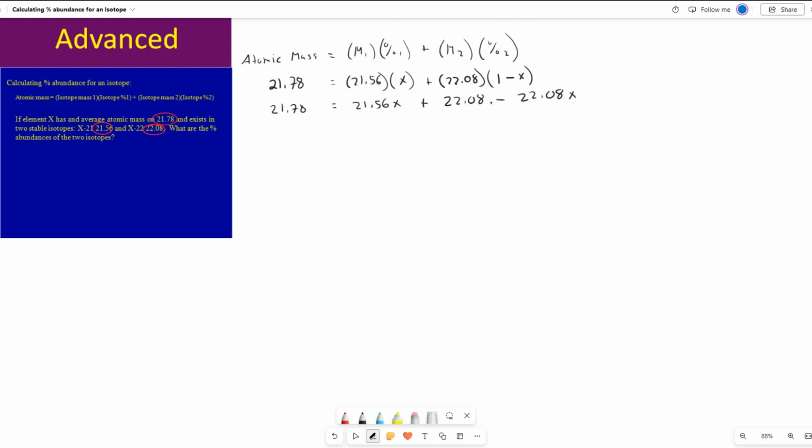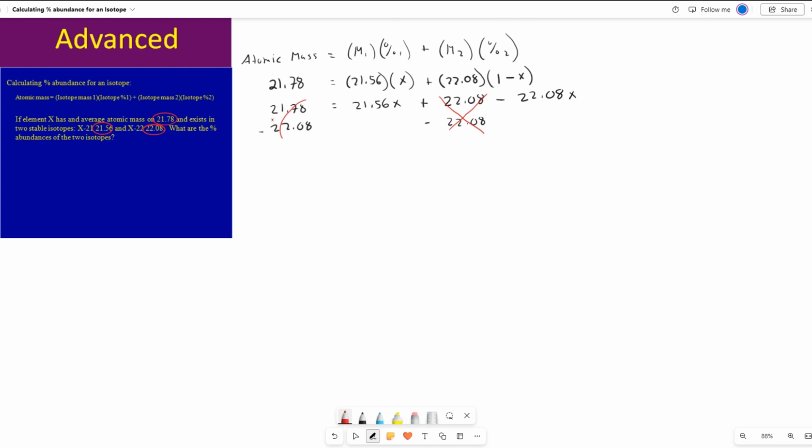The next thing that we can do is subtract 22.08 from both sides of the equation. So if I subtract 22.08 on this side of the equation, and then also subtract 22.08 on this side of the equation, the 22.08 terms just completely cancel out.